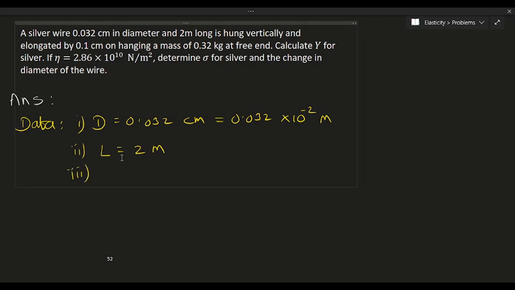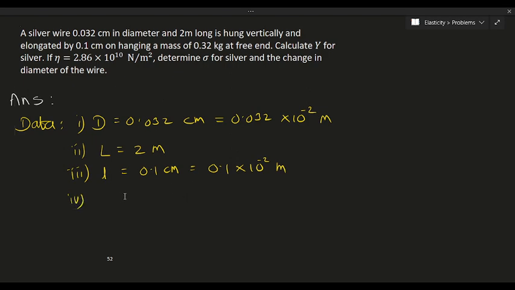Third information is elongation. Elongation is denoted by small l and it is 0.1 centimeter. We convert it into meter. Again we multiply it by 10 raised to minus 2 and it is now in meter. Fourth information is mass 0.32 kg.